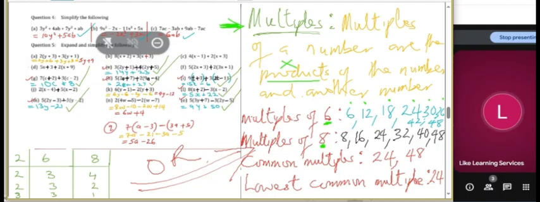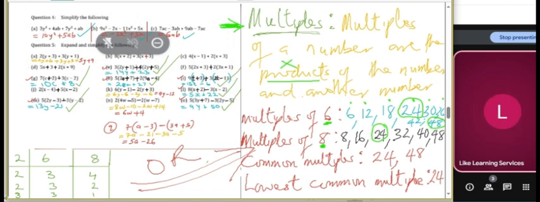Yes, because there's 24 in that of 6, there's also 24 in that of 8. You also see 48 in that of 6, and you see 48 in that of 8. If we had continued, we would see other ones.